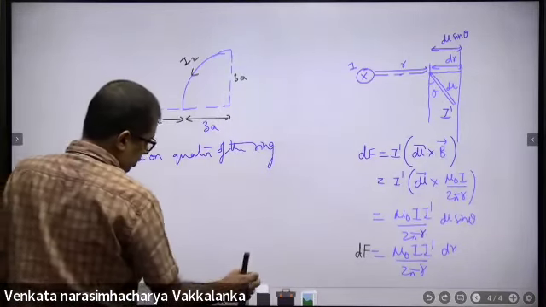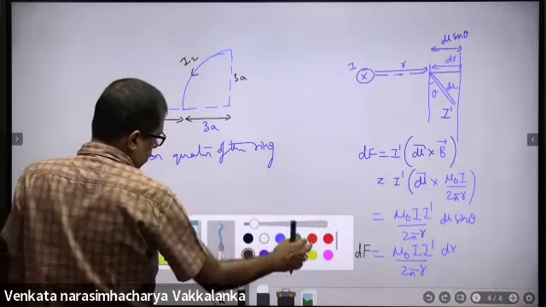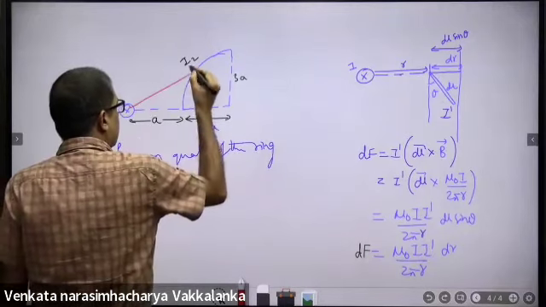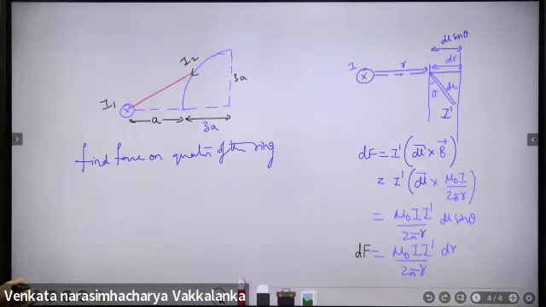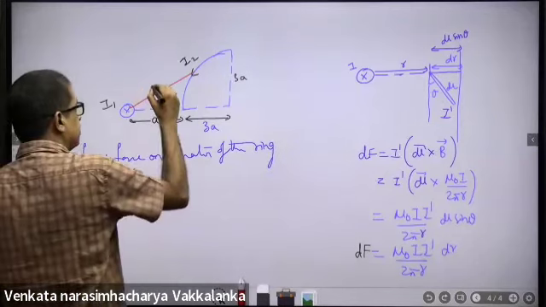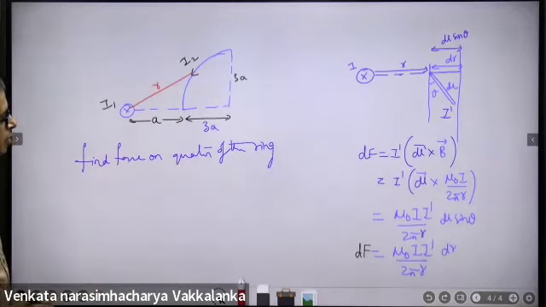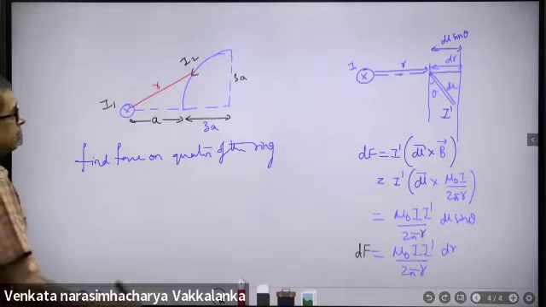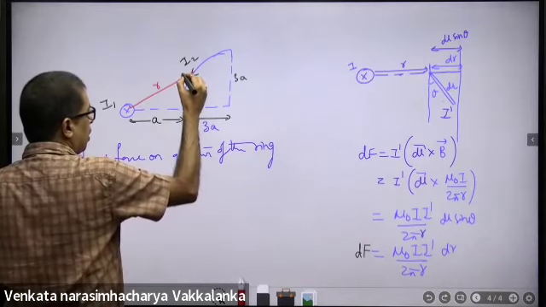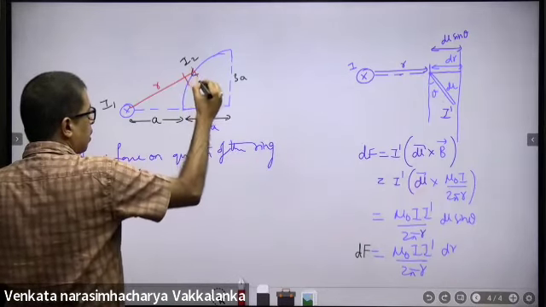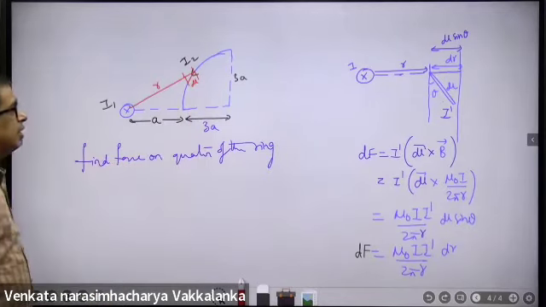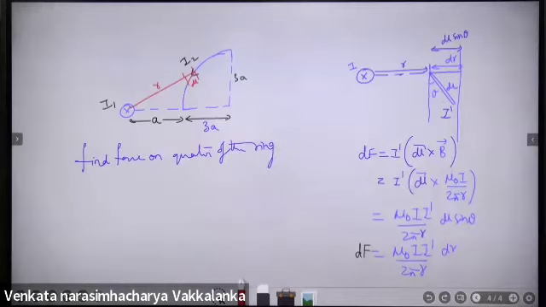I will use different colors. Red. This is R. Do you get that? You have taken a small element R. This is DL. Do you agree with that? DL I took in the direction of I2.